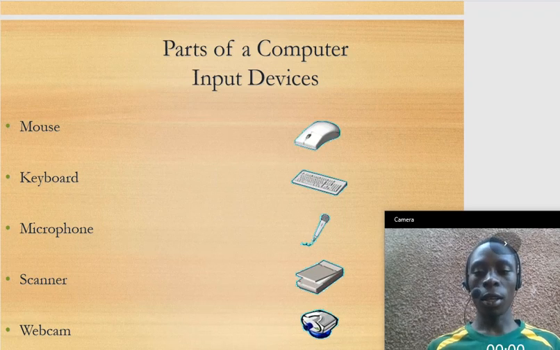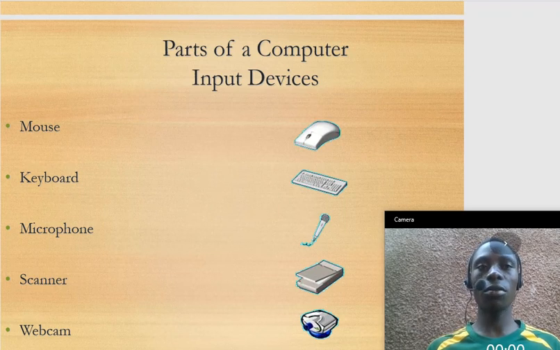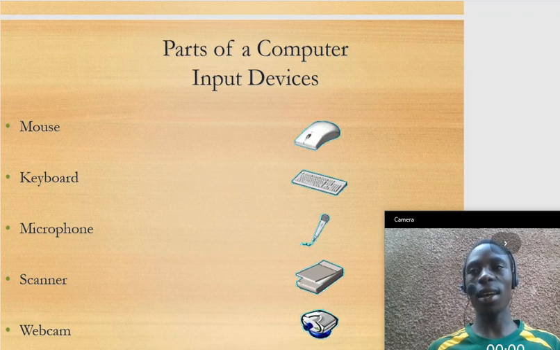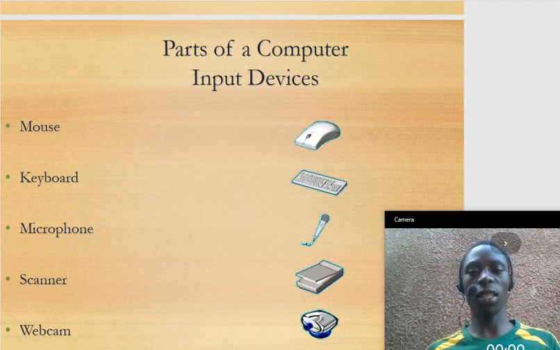A scanner, if you've never used one, is an input device. A scanner looks like a printer, but what you put there, you order scanning, and you get the exact printout. So it is scanned and pushed into the computer.